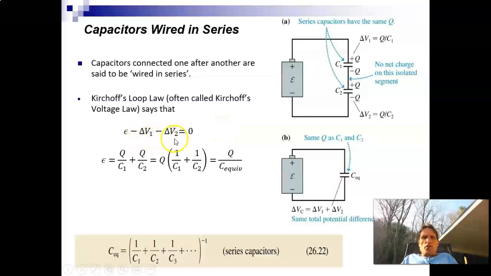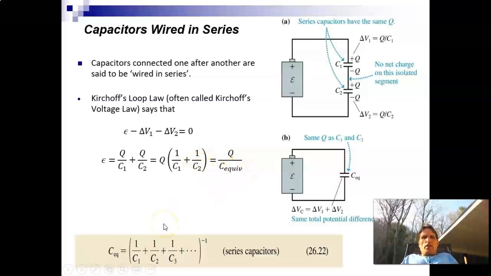So we start with this equation. Then we plug in delta V as Q over C, and the Q's are the same. We get that the battery voltage, or the EMF as your author calls it, is equal to Q times a constant of proportionality, 1 over C1 plus 1 over C2, and we call that 1 over C equivalent.